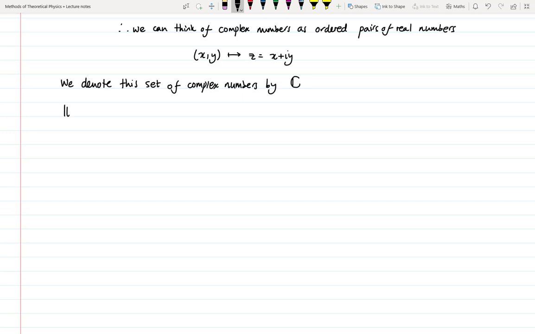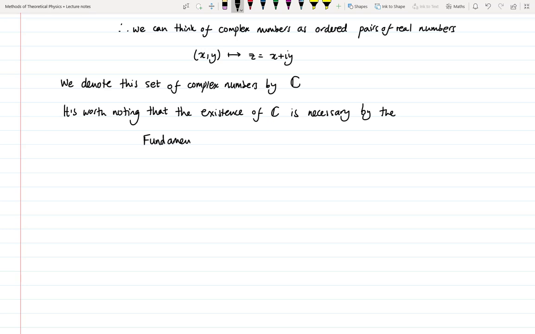So I'm going to say it's worth noting that the existence of the set of complex numbers is necessary by the fundamental theorem of algebra. It's a very grand name.